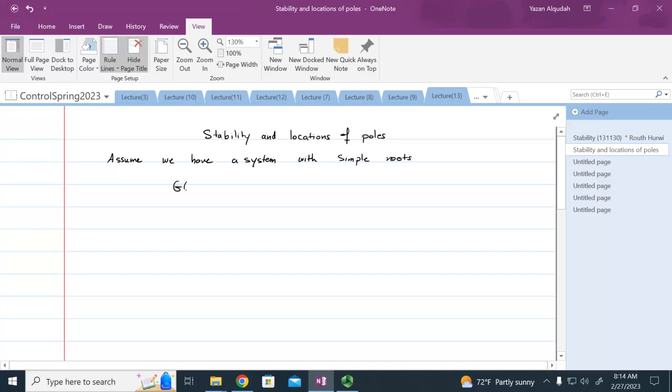So we have g of s that is equal to k1 over s minus p1 plus k2 over s minus p2 all the way to kn over s minus pn, which is equal to the summation of ki over s minus pi. So this is our transfer function.